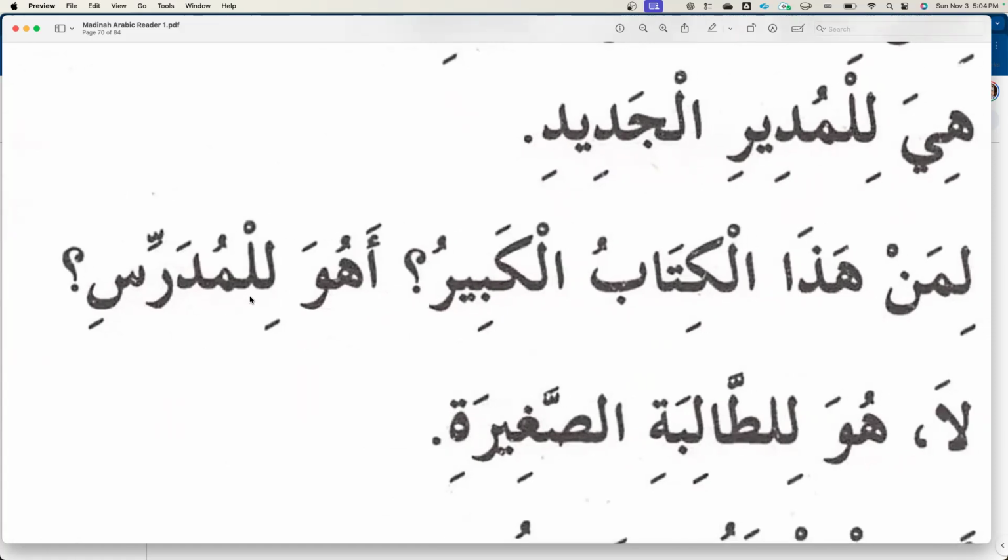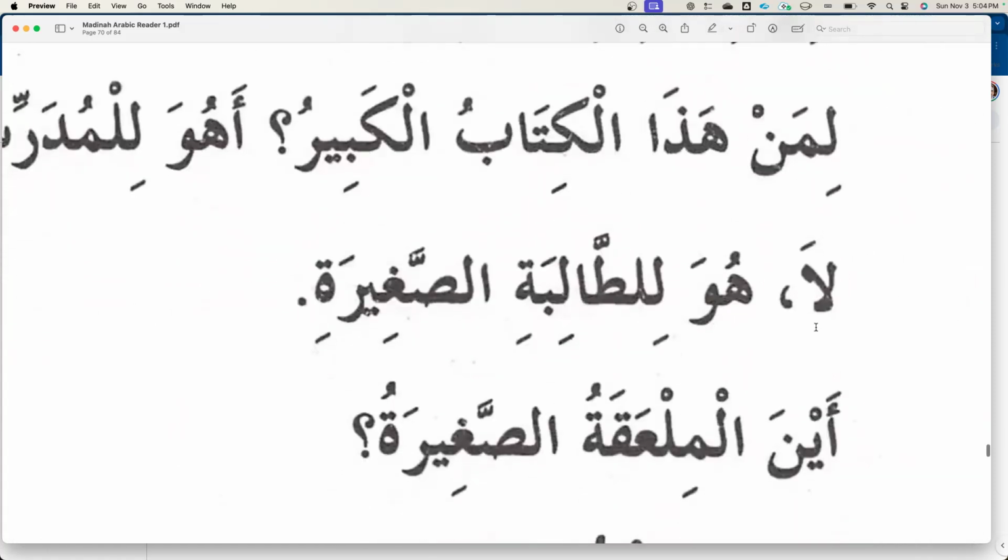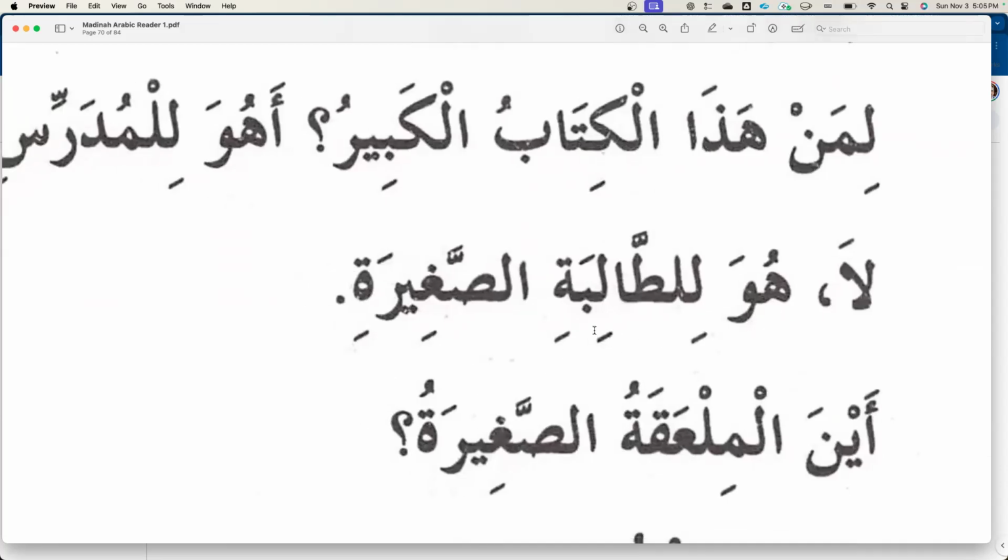Does it belong to the teacher? لا هو للطالبة الصغيرة. Because the صغير has to be feminized too, right? Because of طالبة. لا هو للطالبة الصغيرة. No, it belongs to the small student. The short female student.